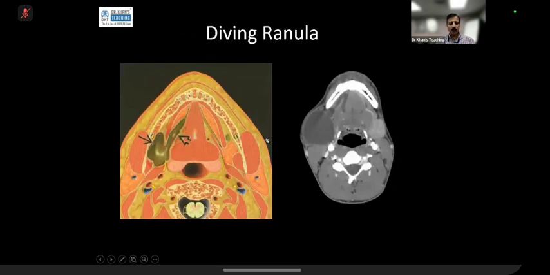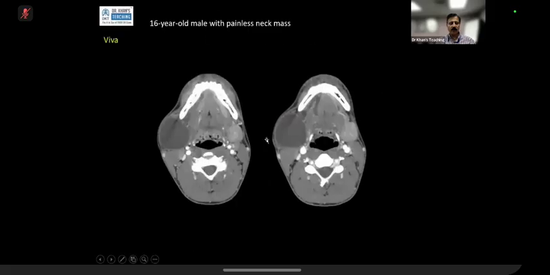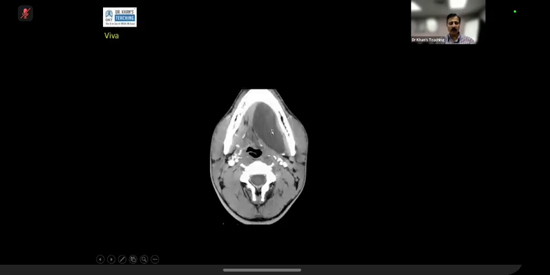Ranula is a retention cyst, and basically in the sublingual space there is a retention cyst arising from the gland, and it will have thin walls, it will not enhance and things like that. So this is known as a ranula, and usually it will be in the sublingual space.